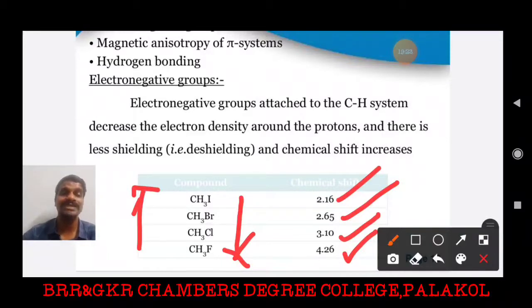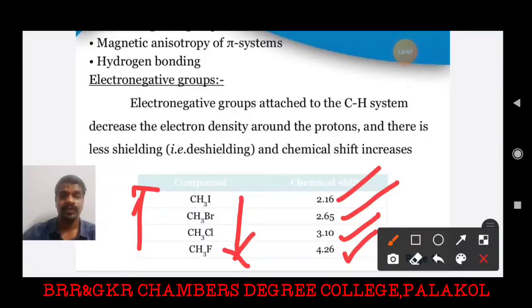So due to the decrease in electron density around a particular nucleus, it resonates at a higher precessional frequency or higher radio frequency, and then it exhibits a higher chemical shift value. I already gave one important point, that chemical shift value is inversely proportional to electron density.